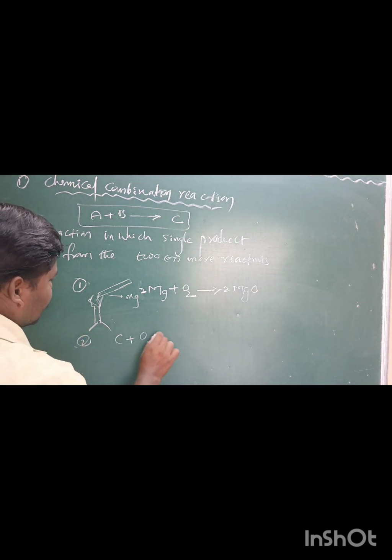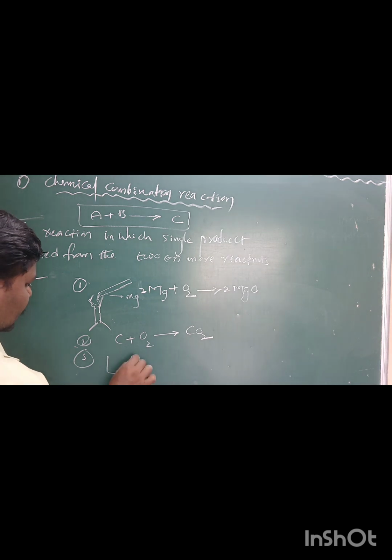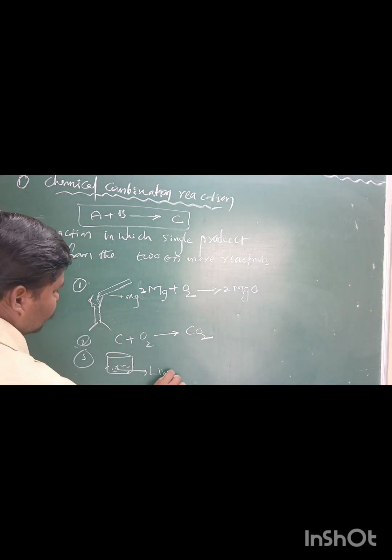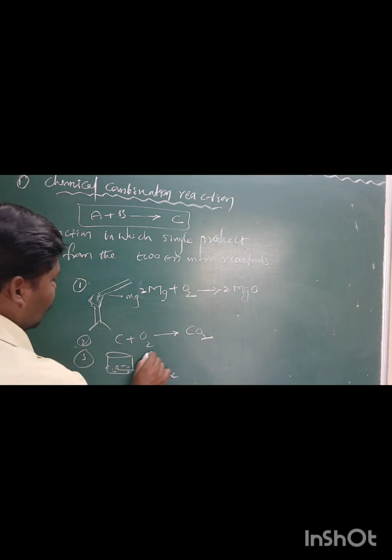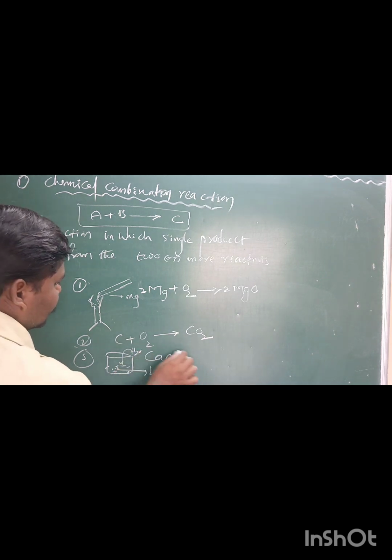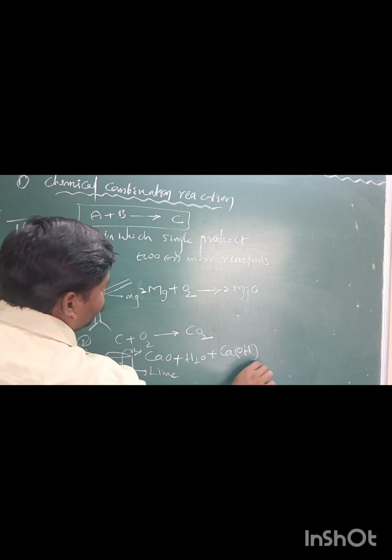Second example, carbon combines with oxygen to form carbon dioxide. One more example. If you take here a beaker, take a small amount of lime. Lime means CaO. It is added to the water to form lime water.